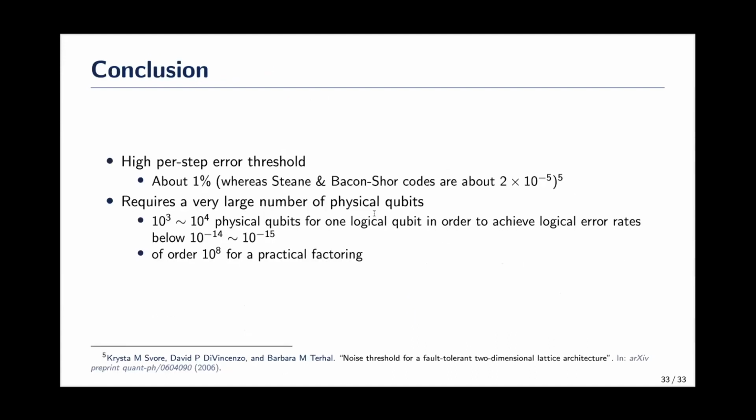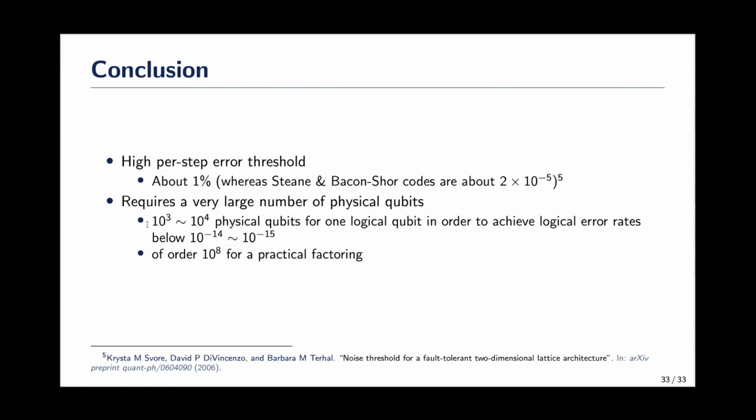The conclusion is that the surface code has a high per-step error ratio, about 1%, while the Steane code and Bacon-Shor code have 2 times 10 to the minus 5. But the surface code requires a very large number of physical qubits.